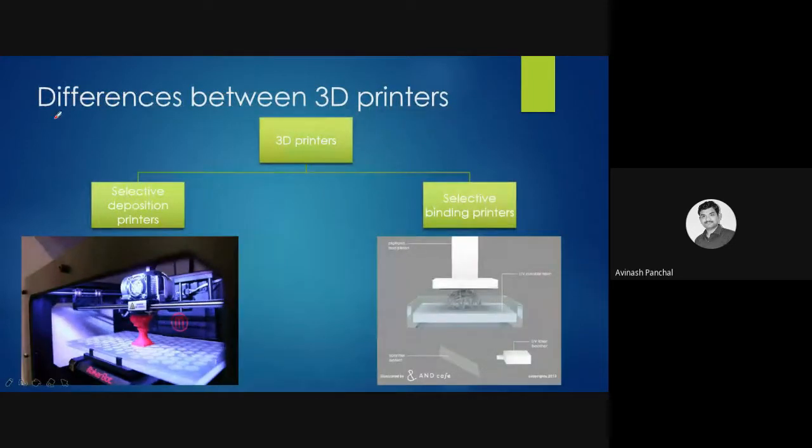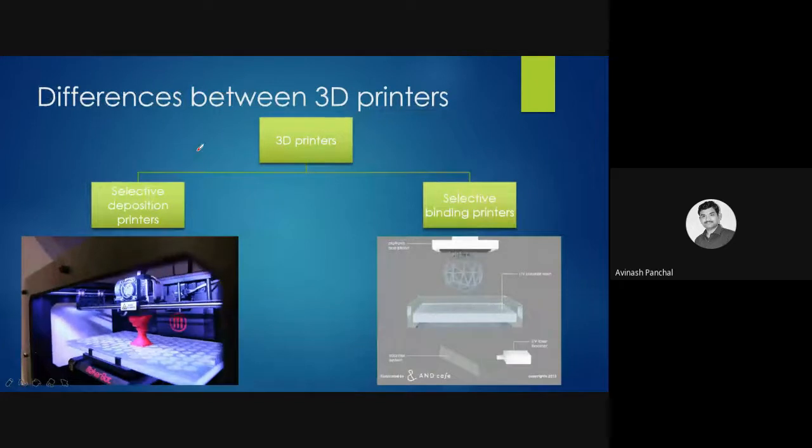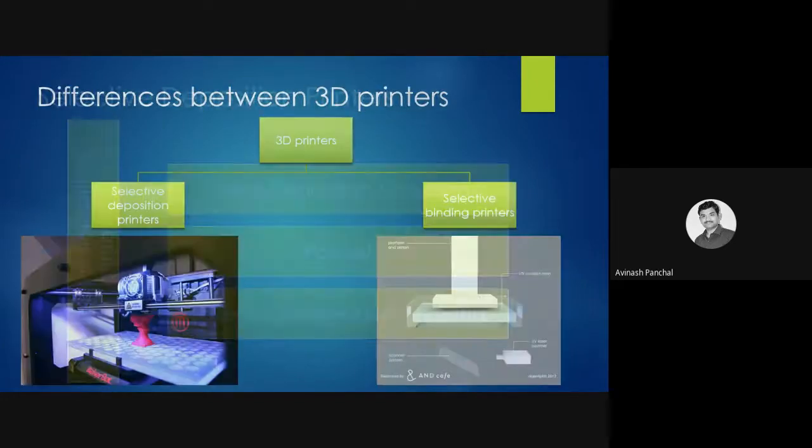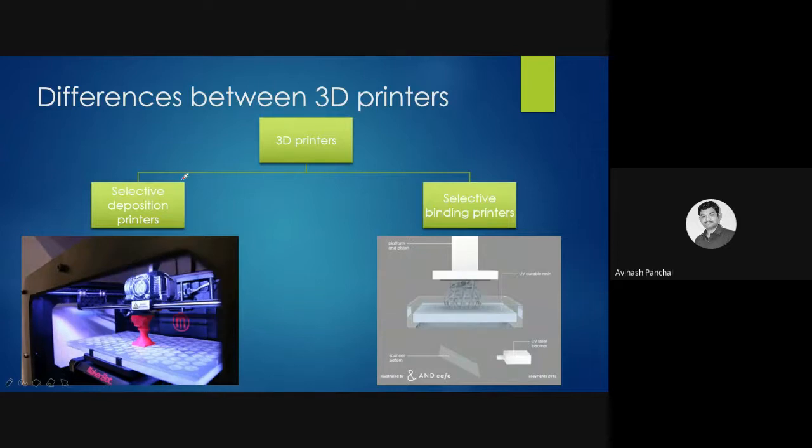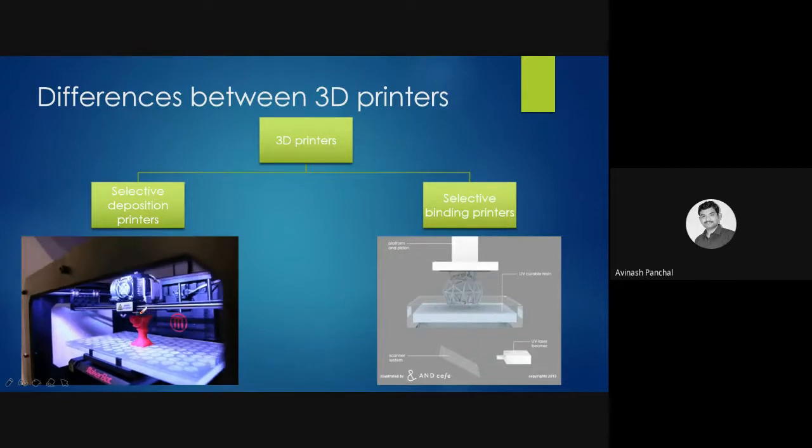So just we will see the difference between 3D printers. There are different types of 3D printers available. First one is the selective deposition printer. Here we can see it is just depositing the material one layer over another. So this is the additive type of manufacturing, depositing the material layer by layer.